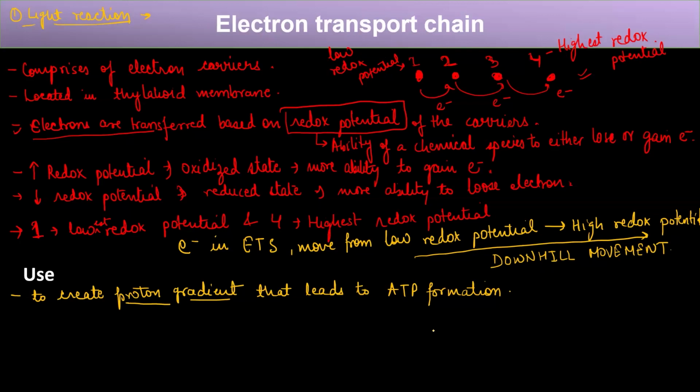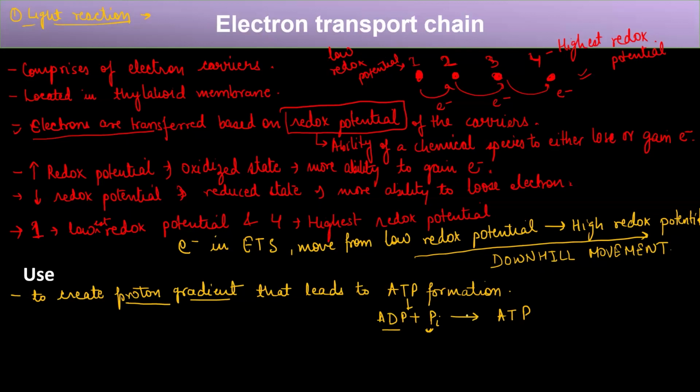Now, what do we understand by ATP formation? ATP formation means that we have ADP, we have phosphate, and then it leads to phosphorylation. Phosphorylation means addition of phosphate. So in ATP formation, the ADP undergoes phosphorylation by this phosphate and leads to the formation of ATP.